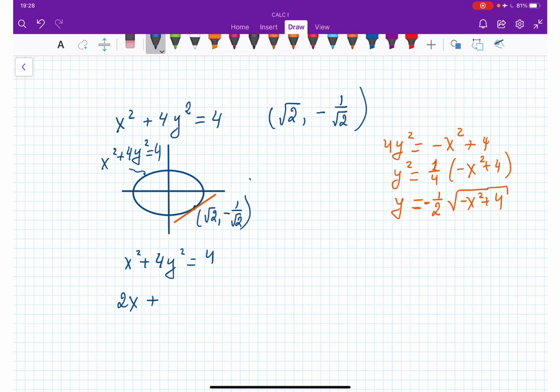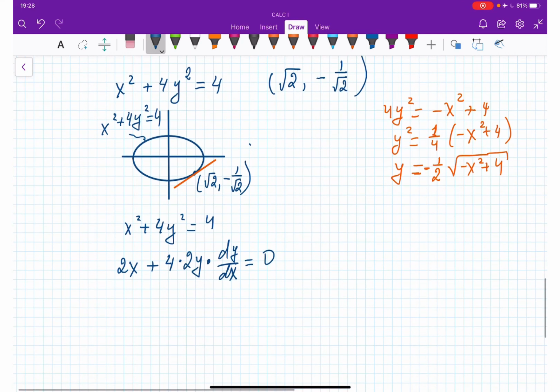And for 4y squared, 4 is a constant and stays there. The derivative of y squared is going to be 2 times y, and then the derivative of y itself, right? Okay, and the derivative of 4 is going to be 0, correct?